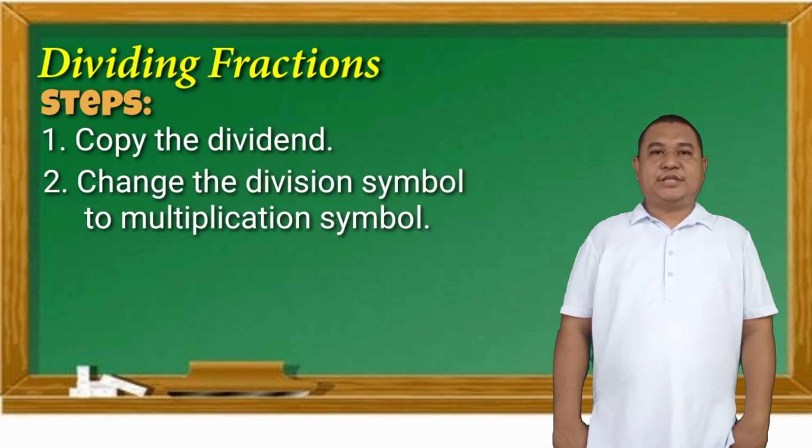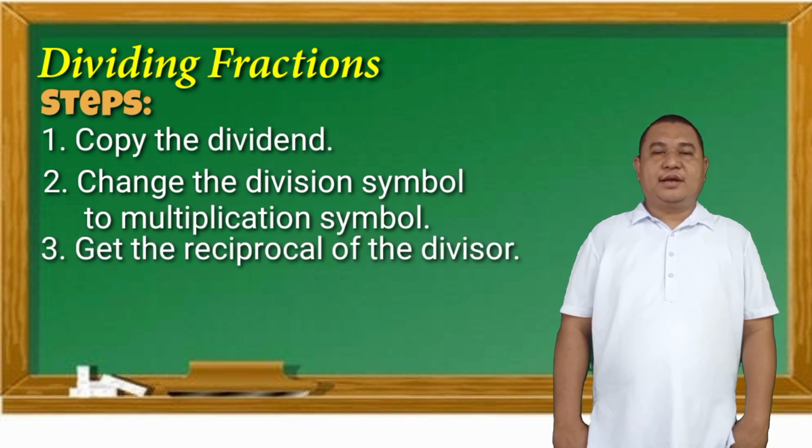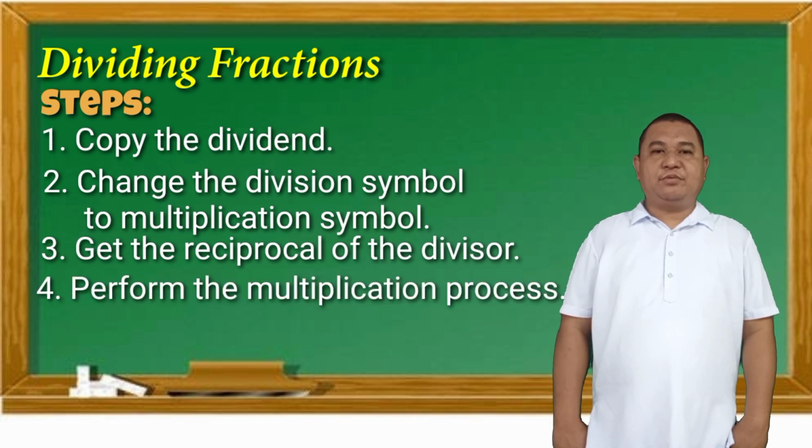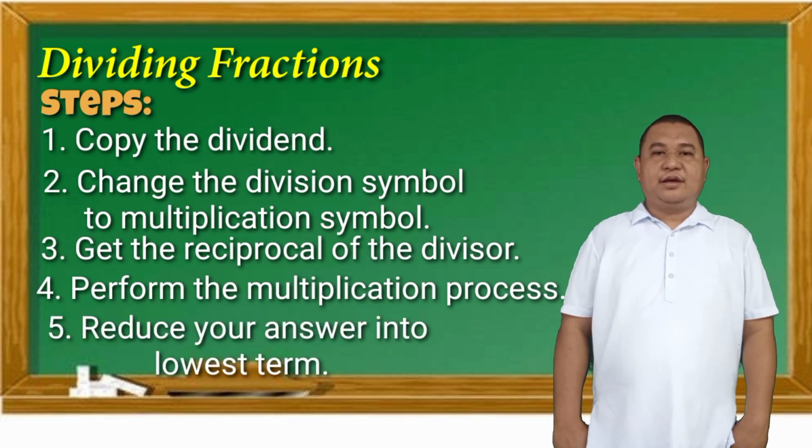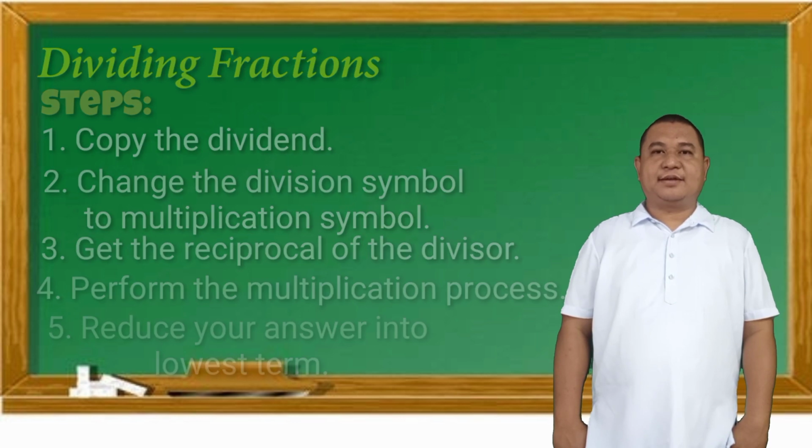Second, change the division symbol to multiplication symbol. Third, get the reciprocal of the divisor. Fourth, perform the multiplication process. Finally, reduce your answer into lowest term if necessary.